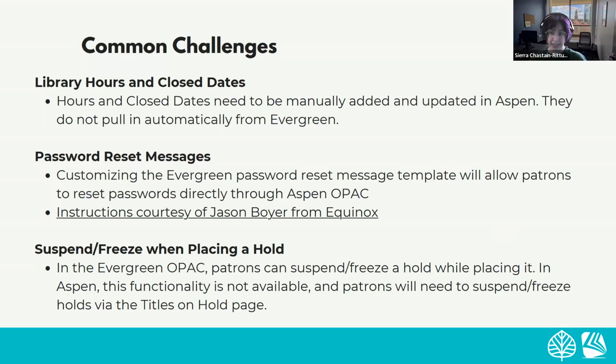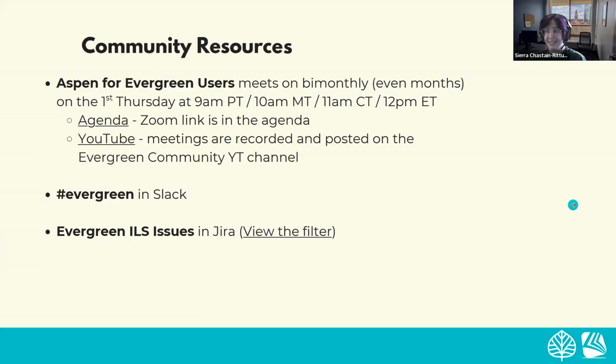So there's a few extra clicks. That's been a little bit of a pain point since we went to Aspen, but it's not that crazy, honestly. I feel nervous saying this. It's quieted down since we've been live on Aspen. Of course, now that I've said this, everyone's going to come up with all these issues.